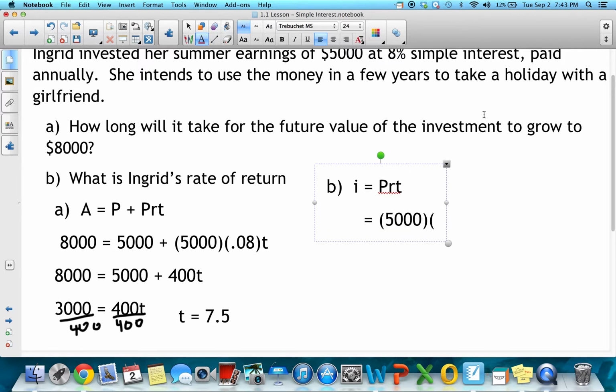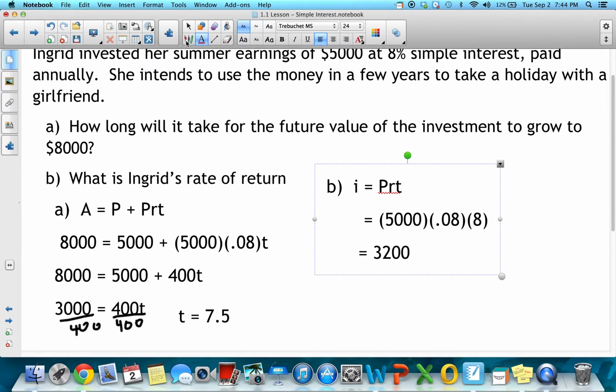Our rate is 0.08. And our time, we're talking 8 years. And I just have to pull out my calculator here. So 5,000 times 0.08 times 8 is going to end up to be $3,200.